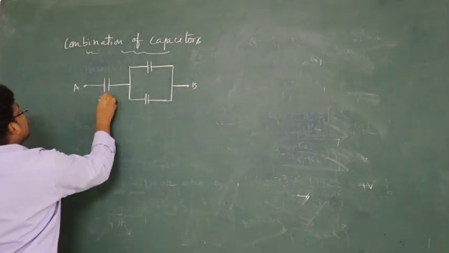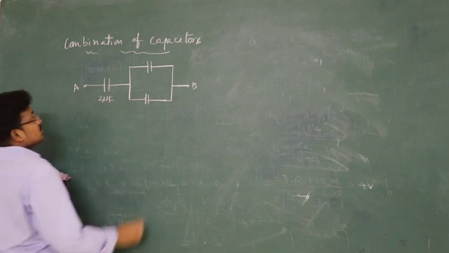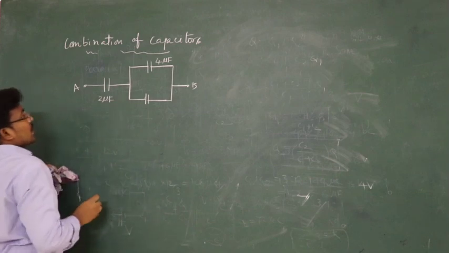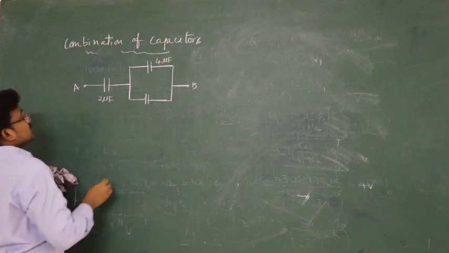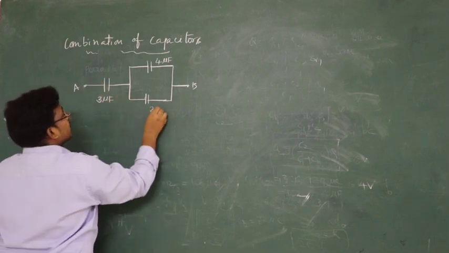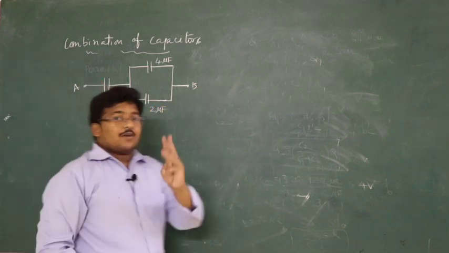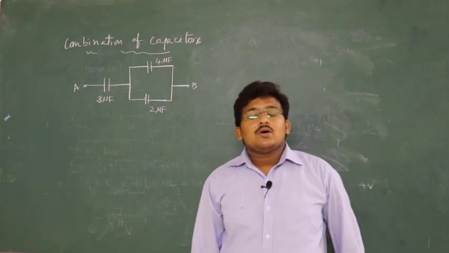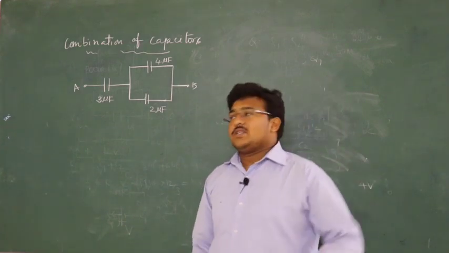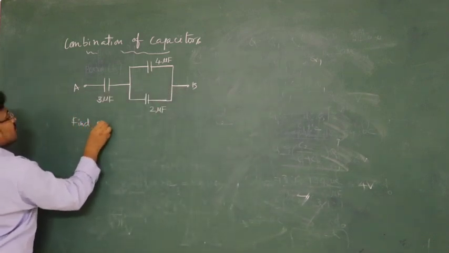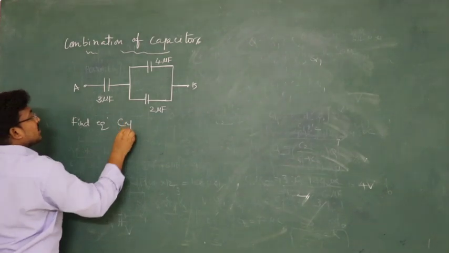The first one is 2 microfarad, the second one is 4 microfarad, this is 3 microfarad I will take, and this is 2 microfarad. So we have 3 capacitors between A and B. Now I would like to find the equivalent capacitance.